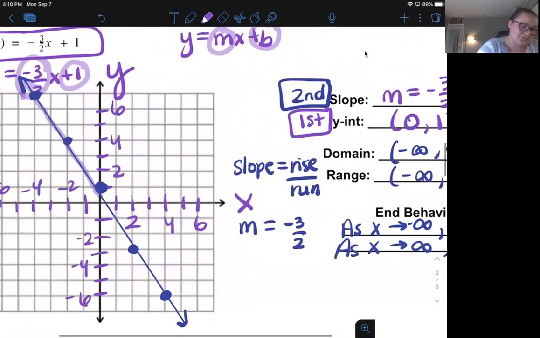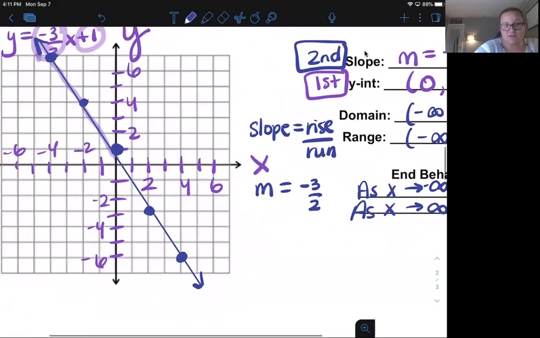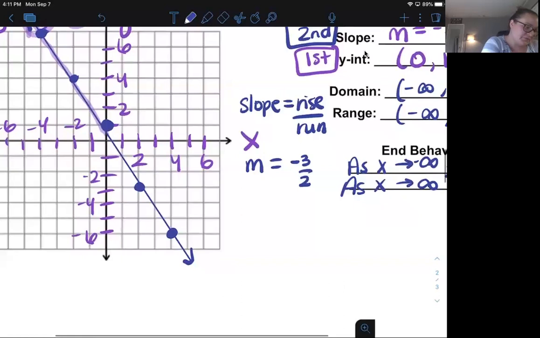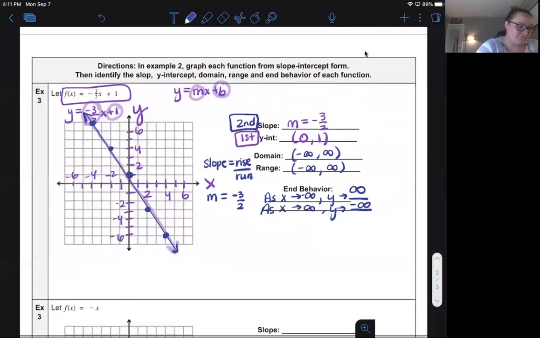So our y's approach positive infinity. Then to the far right of this graph, as our x increases, our y's are decreasing. So as x approaches positive infinity, the y's approach negative infinity. And we're all done with that example.